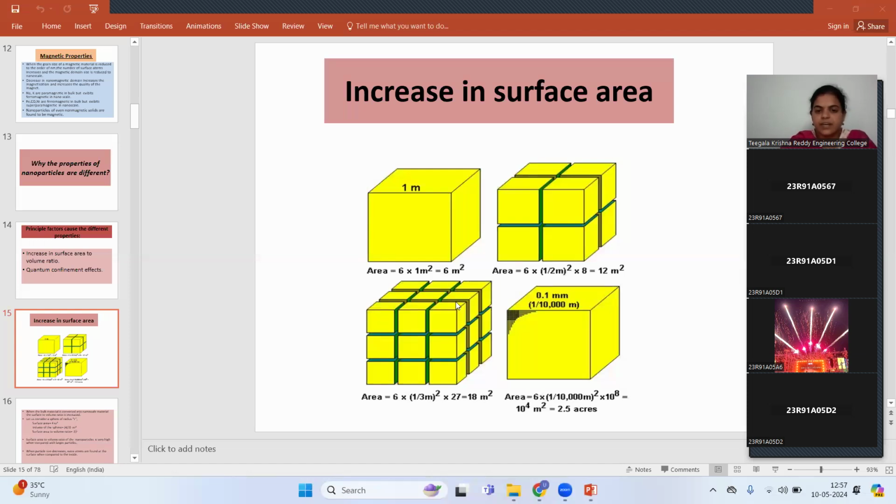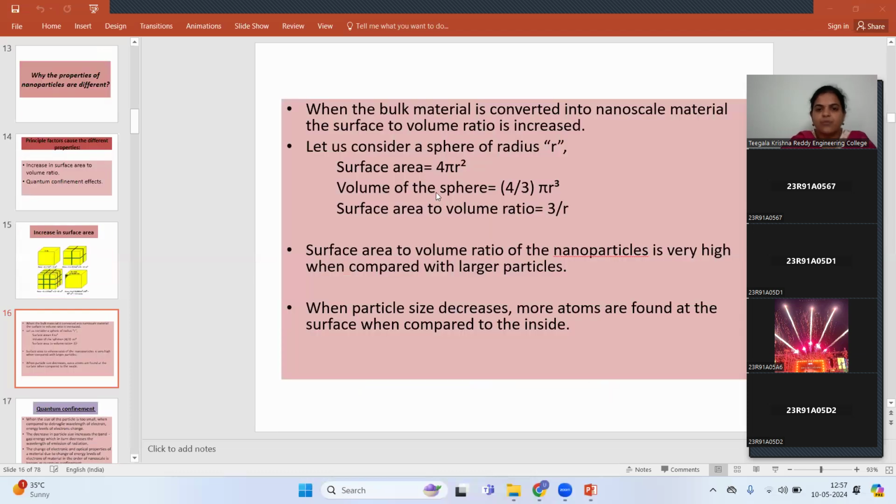Thus, the surface area to volume ratio can be written as 4 pi r square by 4 by 3 pi r cube. Finally we get the surface area to volume ratio value as 3 by r, so the ratio for nanoparticles is very high compared with larger particles.